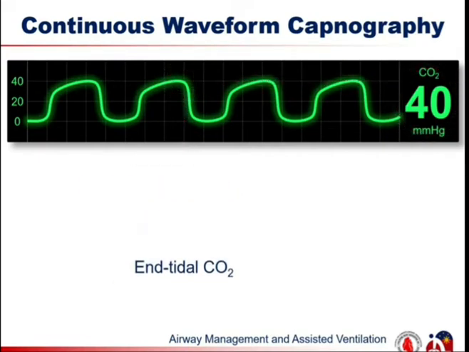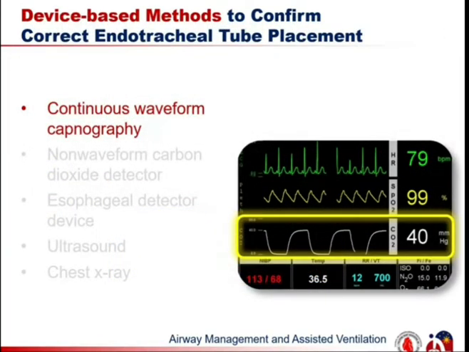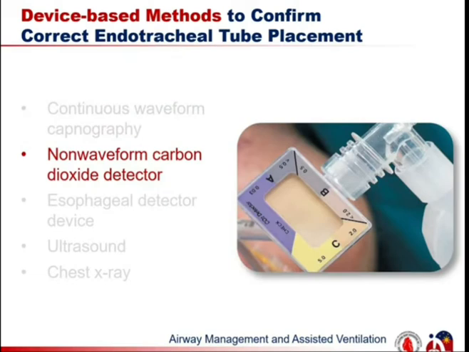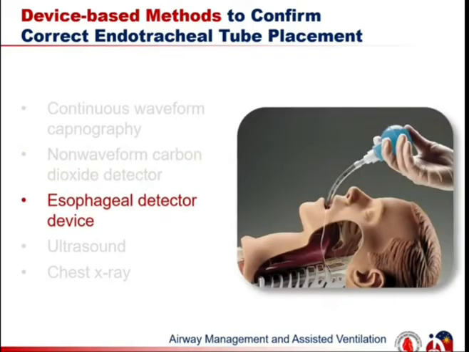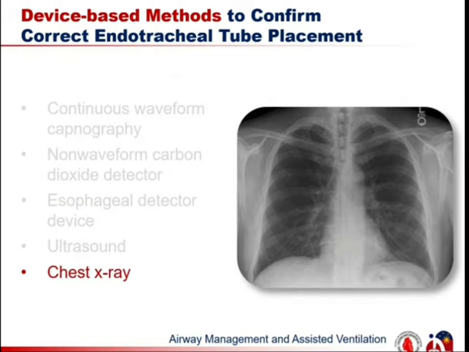Clinical findings supportive of correct endotracheal tube placement plus an end-tidal carbon dioxide of more than 30 mmHg further confirms proper tube placement. In the absence of waveform capnography, acceptable alternatives include a non-waveform carbon dioxide detector, such as the colorimetric detector devices, an esophageal detector device, ultrasound, and a chest X-ray.